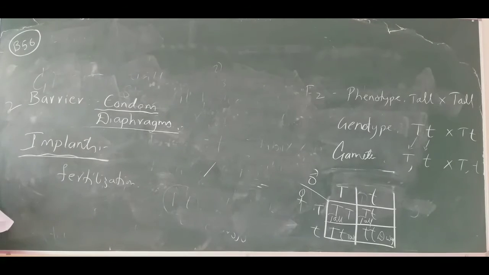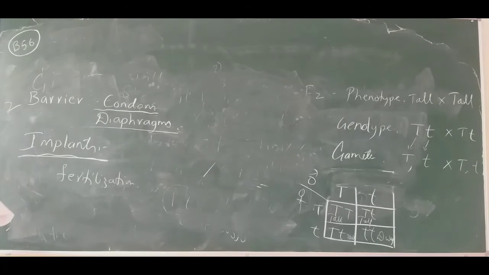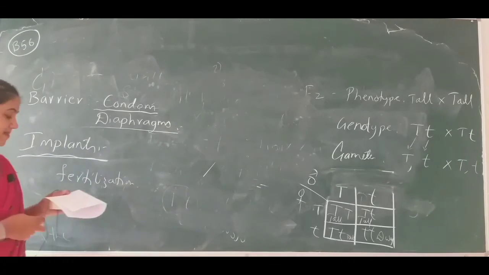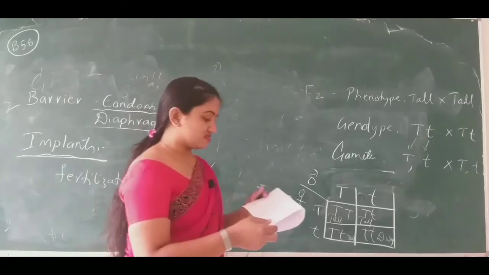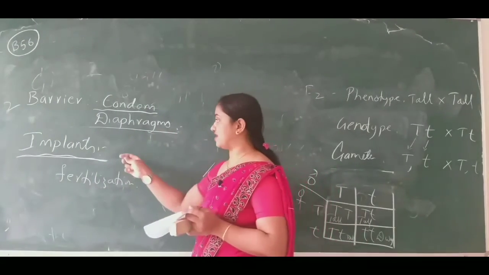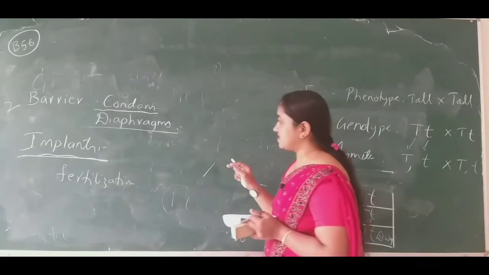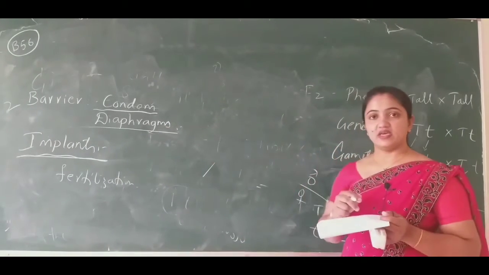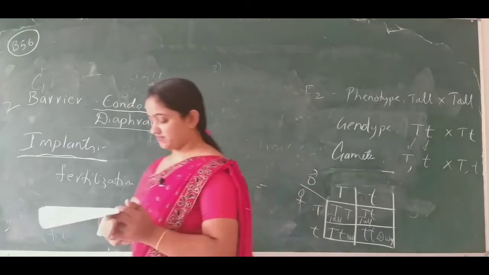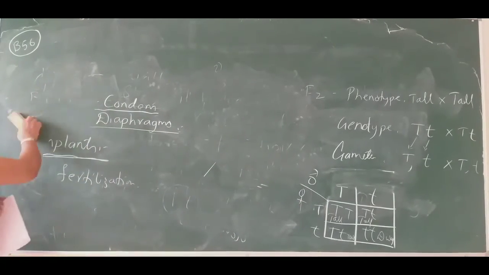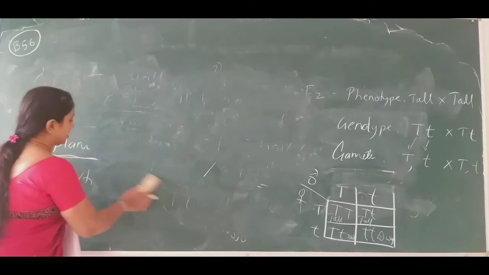So that is the description of implants. Here you should write progesterones or the combination of progesterones and estrogens.